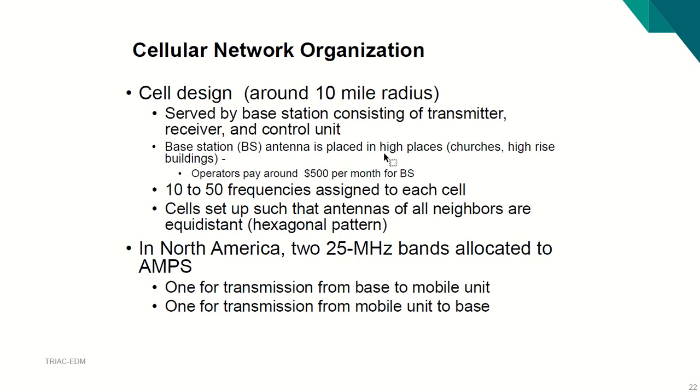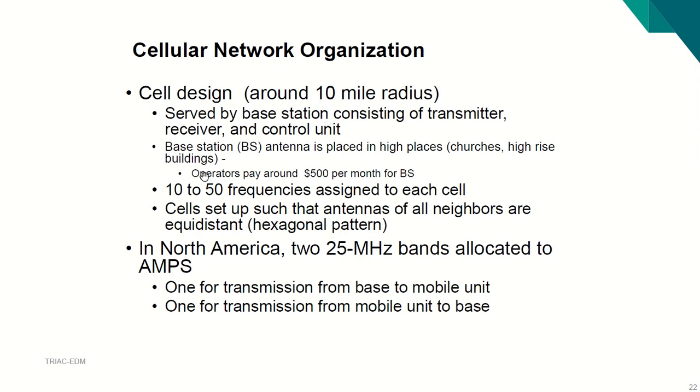If an antenna is not in high places, for example, churches, high-rise buildings, it will be shadowed, right? It will be shadowed by, for example, buildings, trees, obstacles, mountains, those things. They will shadow the EM wave, so the transmission will not be smooth. So that's why we need to place it in high places.